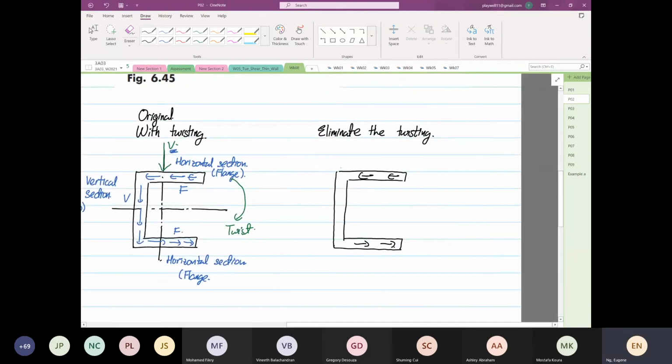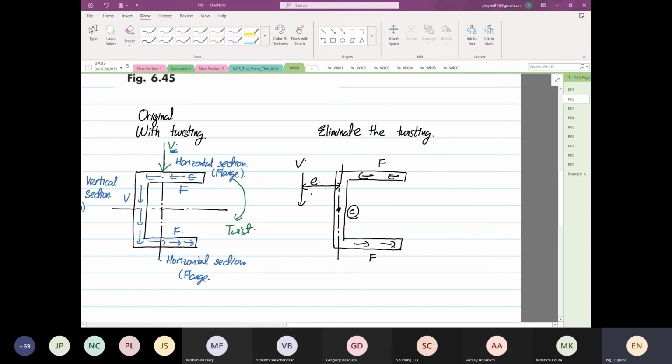So if this is the center line of the web, we are putting a V over here. I'm going to call this point over here point C, and the distance from here to here is known as E. This is still our F, right?